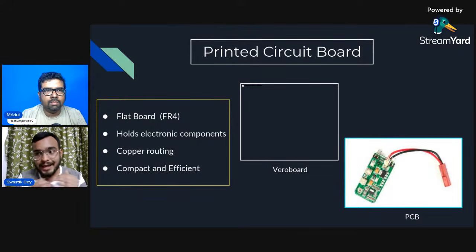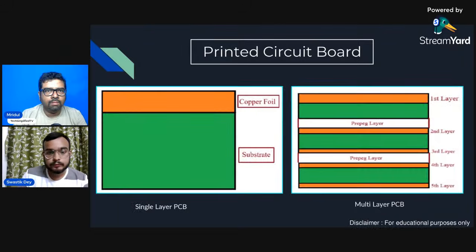Secondly, as circuits became more and more complex, the point to point connections between different parts of a circuit became increasingly complex, and this led to a degradation in signal integrity. So people thought, okay, we are getting some issues here, let's switch to something called a printed circuit board. I'll move on to the next slide now, sir.